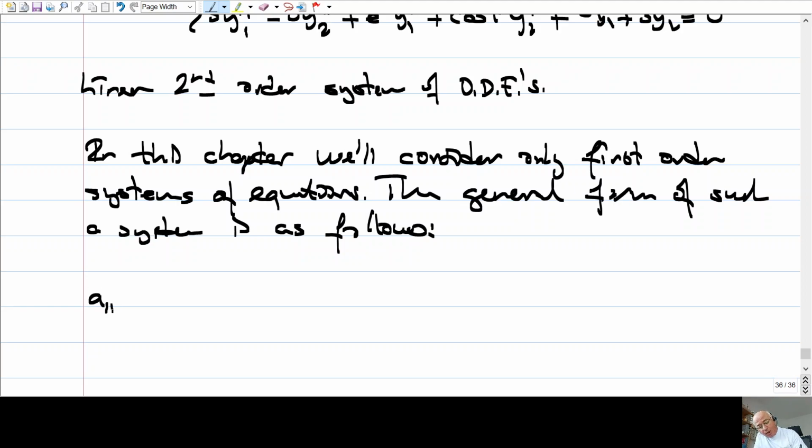Let's say a11 times y1 prime plus a12 y2 prime, and here of course these are functions of t, up to a1n yn prime, and then we have b terms. Well, actually, let me write not like this.